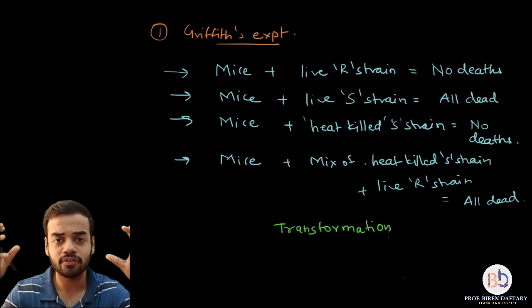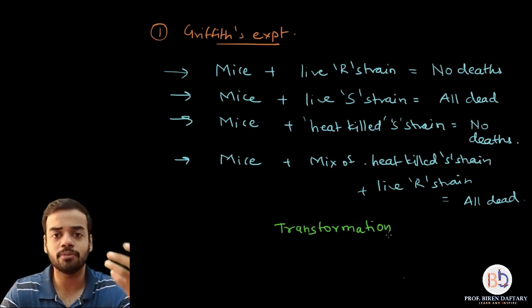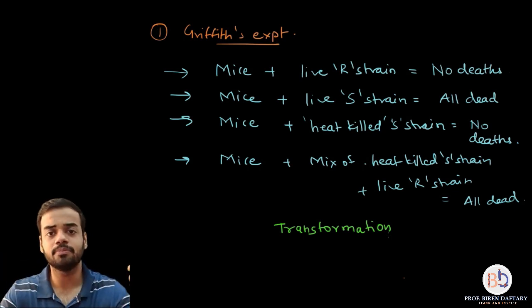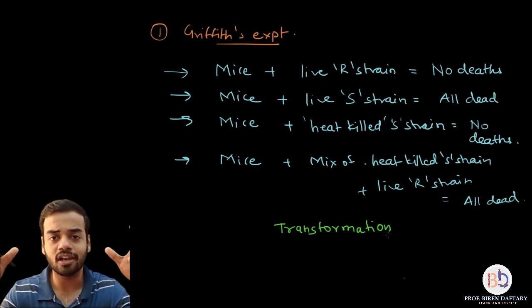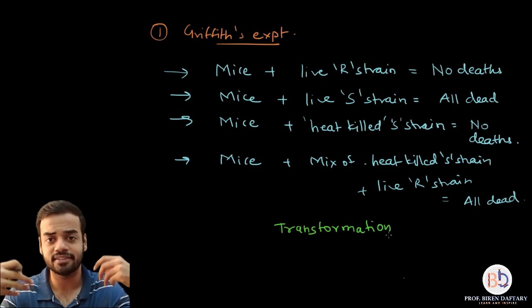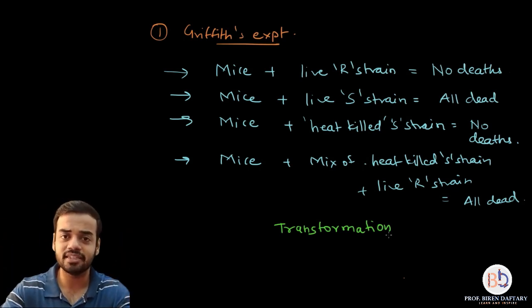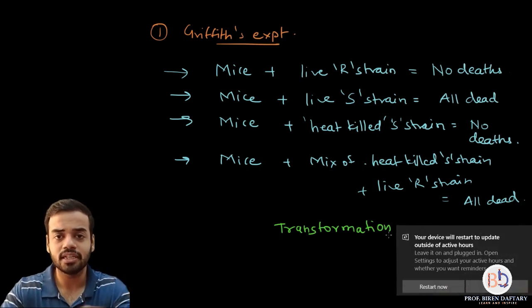Transformation is basically a phenomenon in which one bacterium takes up the DNA of a foreign bacterium, and because of that the principle is called transformation, correct? In this case, the live R strain took up the DNA of heat killed S strain. Heat killed S strain is a killed bacterium, but its DNA is still there. The DNA has separated because of the heat.